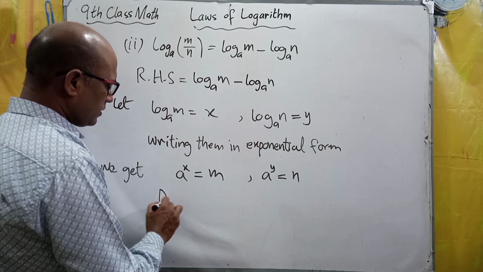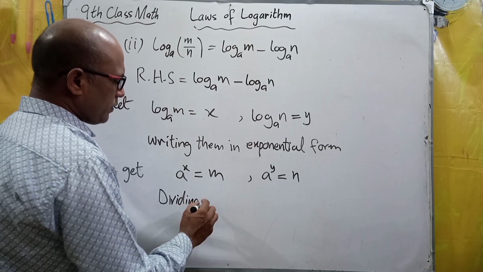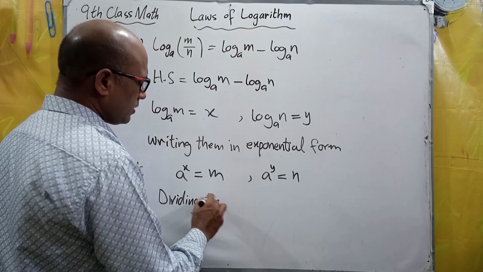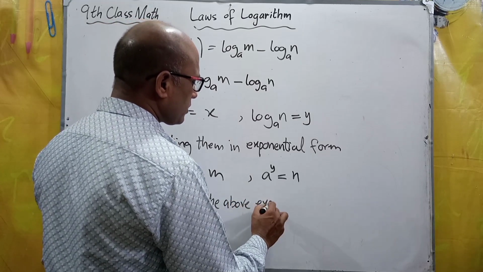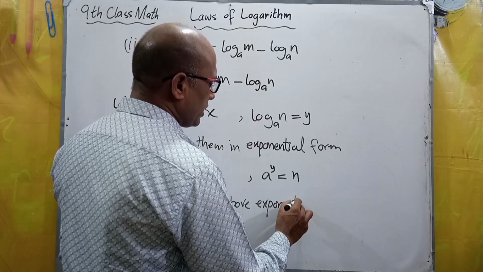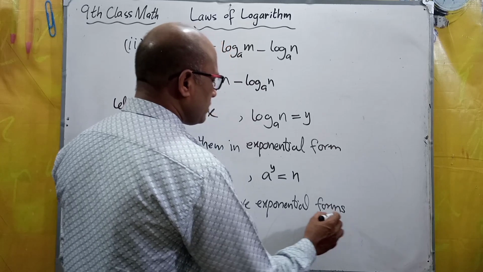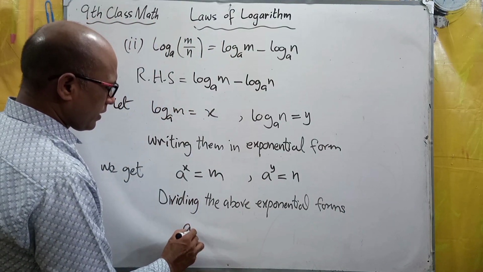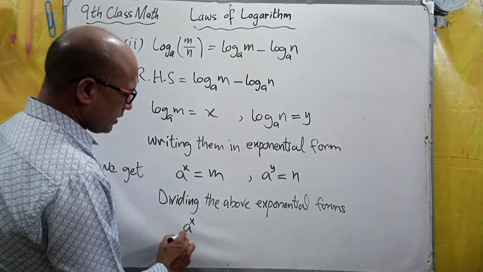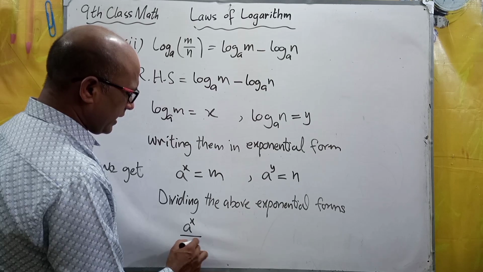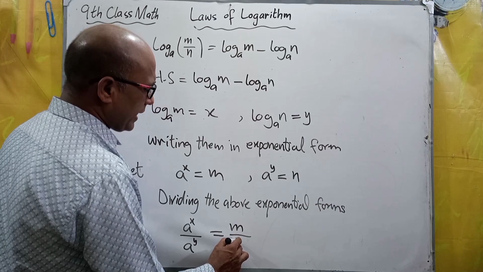Now students, we'll divide these two, dividing the above exponential forms, we get a power x divided by a power y is equal to m over n.